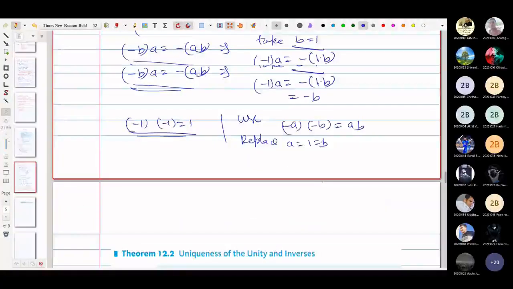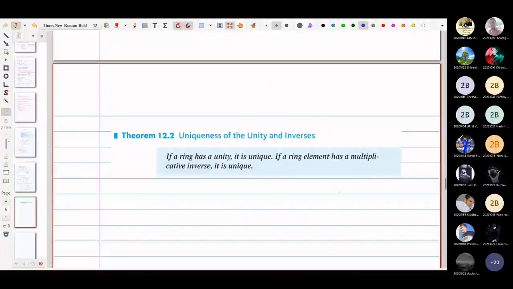This may be the last thing I'm discussing today: uniqueness of unity and inverses. I'm leaving it to you. They are talking about unity and inverses if they exist. If a ring has a unity, that is an identity, it is unique. You know that in a group, you have proved that the identity is unique always, and the inverse of a particular element is unique.